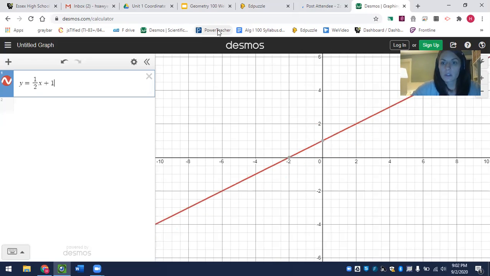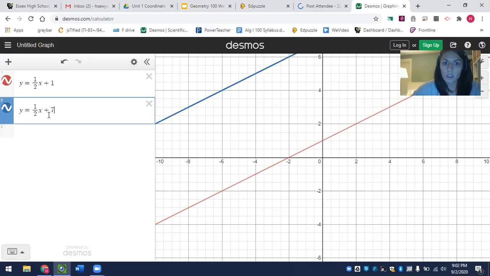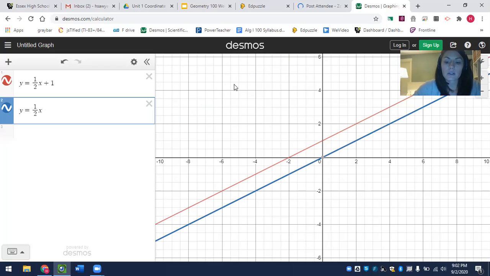Okay, so there's my line, y equals 1/2 x plus 1. Any line with a slope of 1/2, so any line that has the same slope, is going to be parallel. So I can just type in a bunch here, y equals 1/2 x plus 7. There's a parallel line. I could change it to plus 3. There's a parallel line. I could take out the y-intercept altogether. Any line that has a slope of 1/2 is going to be parallel to my original line.